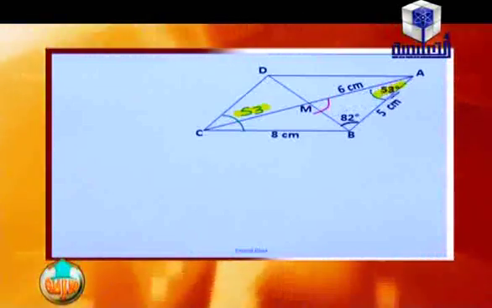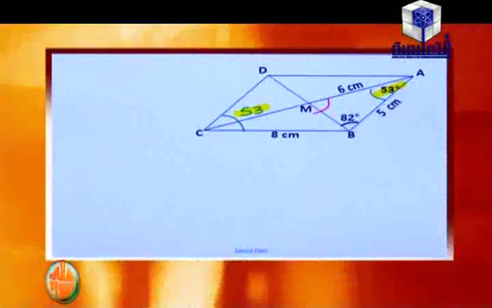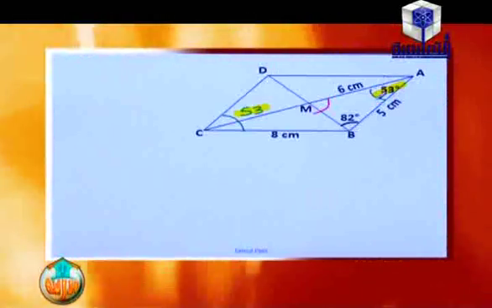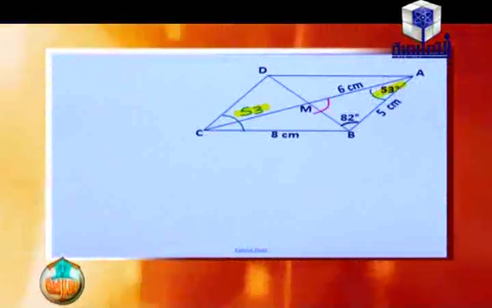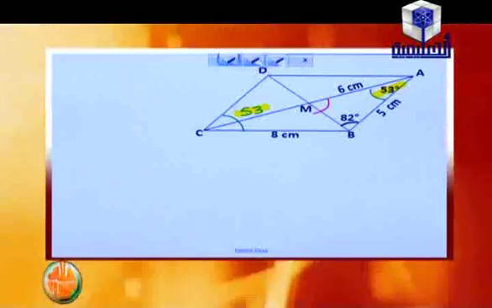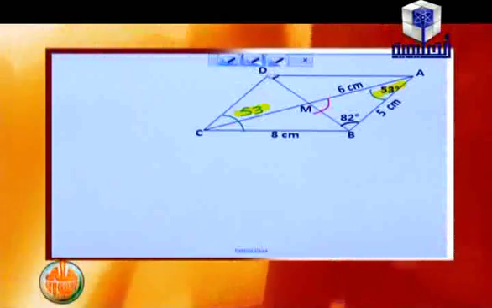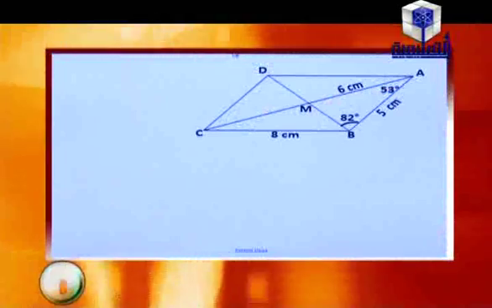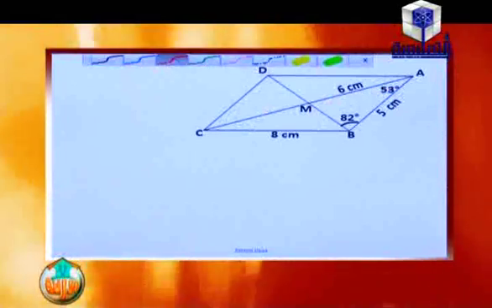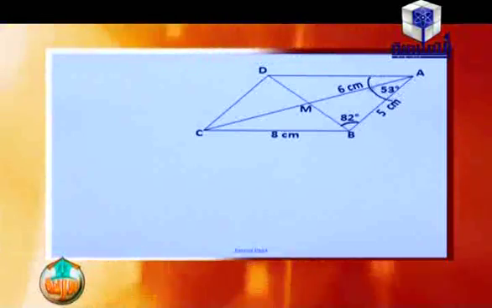Yes, the measure of the angle DAB equals 53. We can solve it by using opposite angles. The sum of any two consecutive angles equals 180. Okay, we can add 53 plus 82 and subtract them from 180 in a direct way.